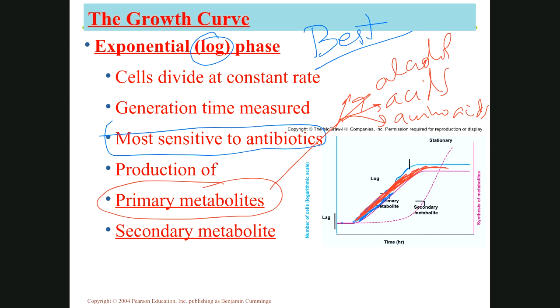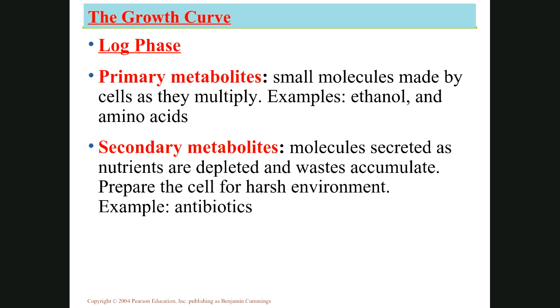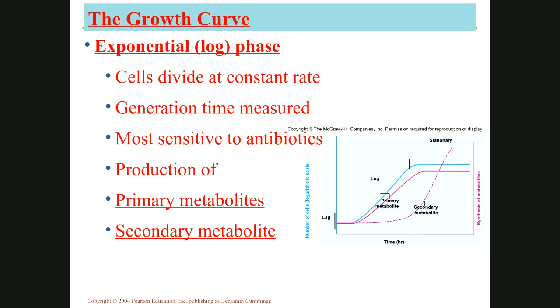As the log phase begins to end, so this is towards the end of log phase, the cells begin to change and begin to get ready to go into the stationary phase. In other words, at that point, there will be less nutrients, more waste, and the bacteria will begin to secrete things like antibiotics to kill their competition.